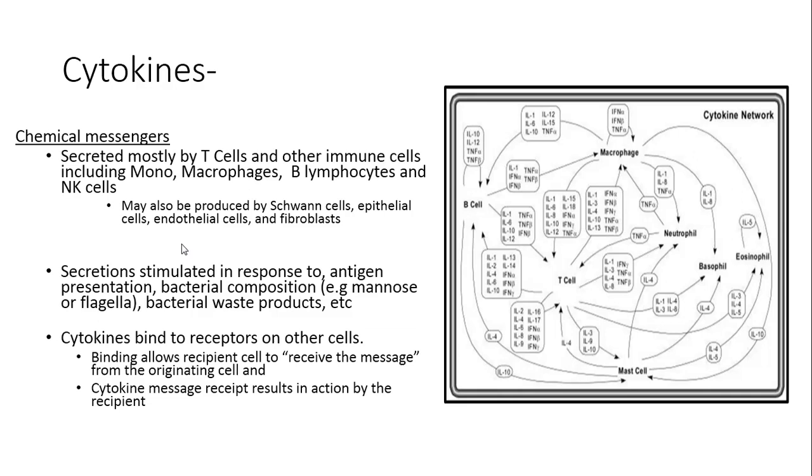So we're going to break down the actions of cytokines into smaller pieces over the next couple of minutes. Again, this is a great opportunity to see and recall the original cell sending the message and the recipient cell receiving the message.